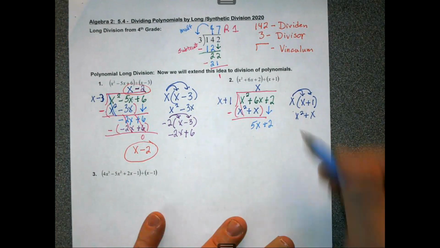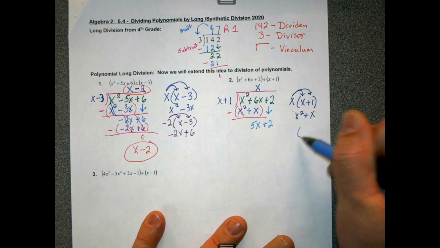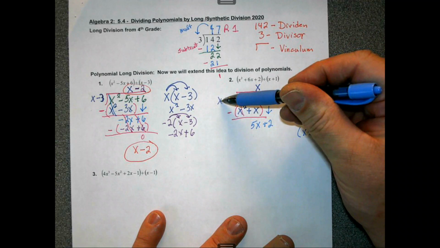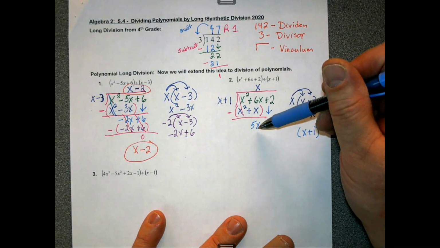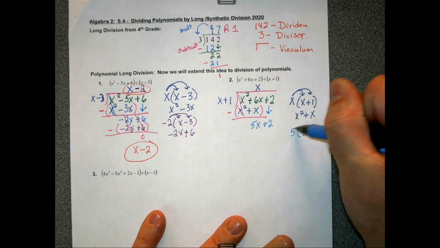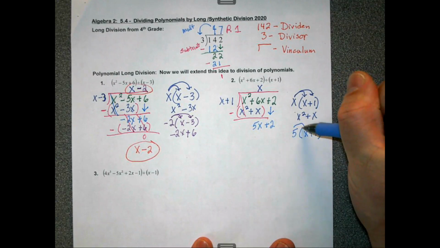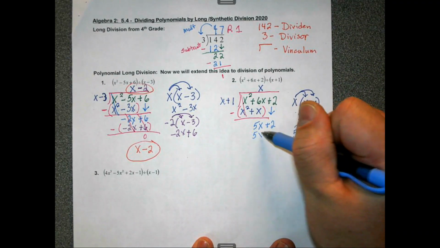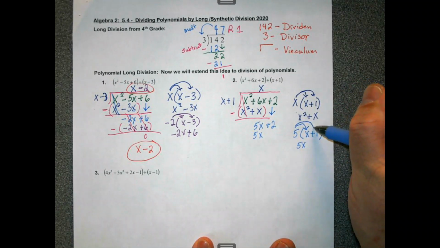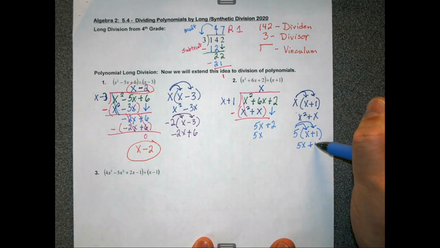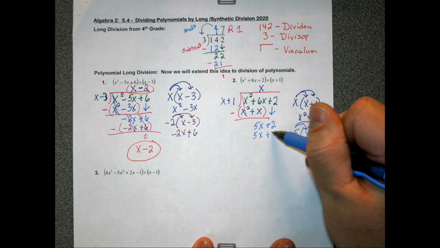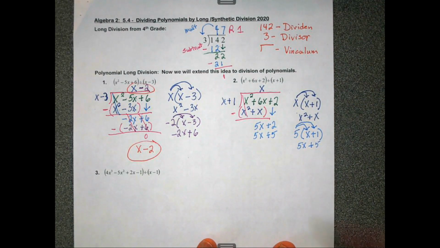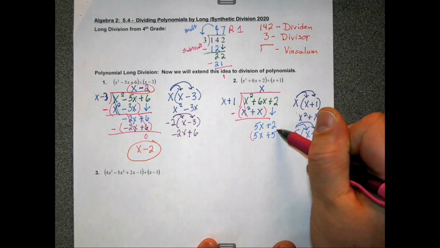Okay, so I'm going to multiply my divisor, x plus 1, by something that will make this x into a 5x. 5. Wonderful. 5 times x. 5 times 1. Then I'm going to subtract the entire quantity.